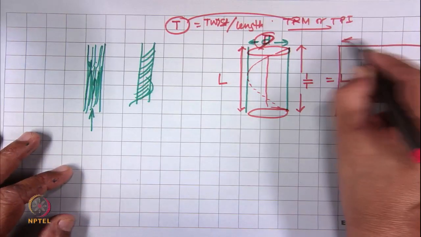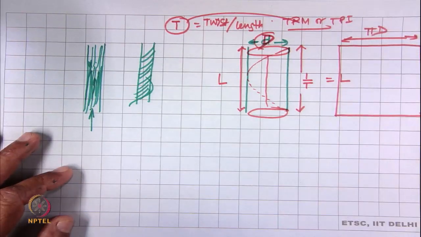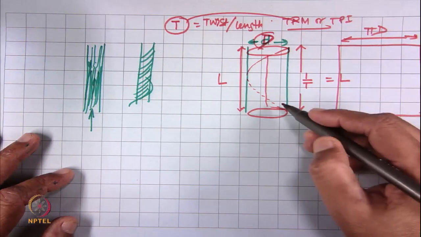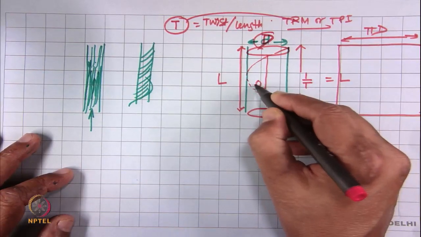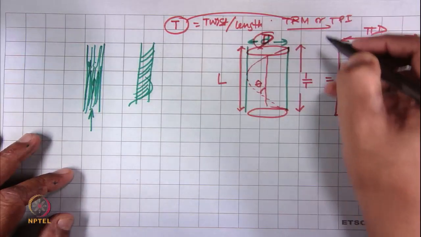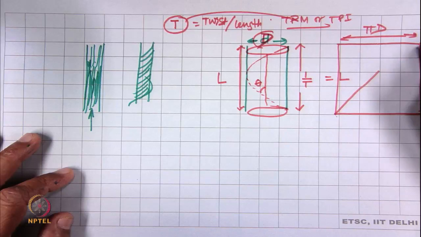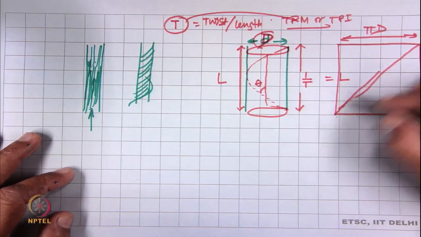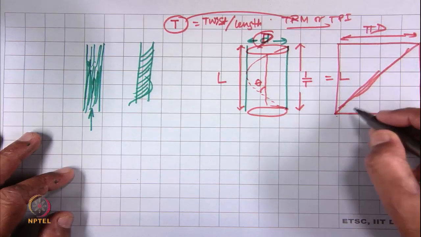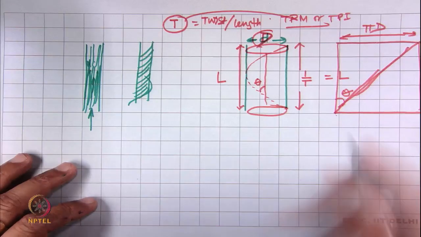So, this width becomes pi d, and this fiber which has an angle of twist, if it is theta, if we totally open, then this angle will become theta. Okay. This is the twist angle.